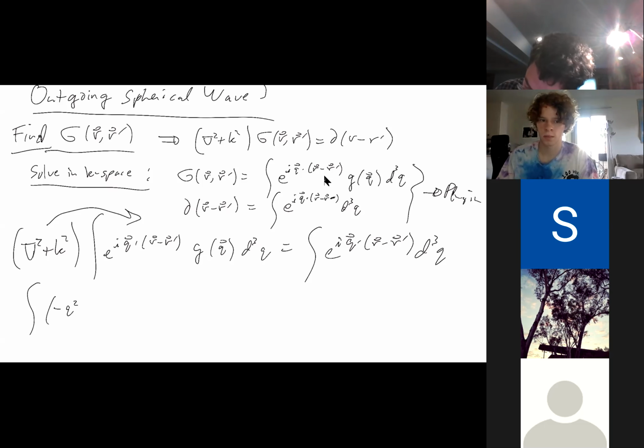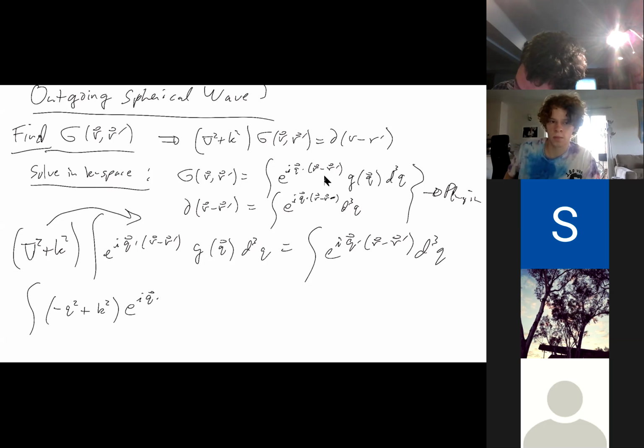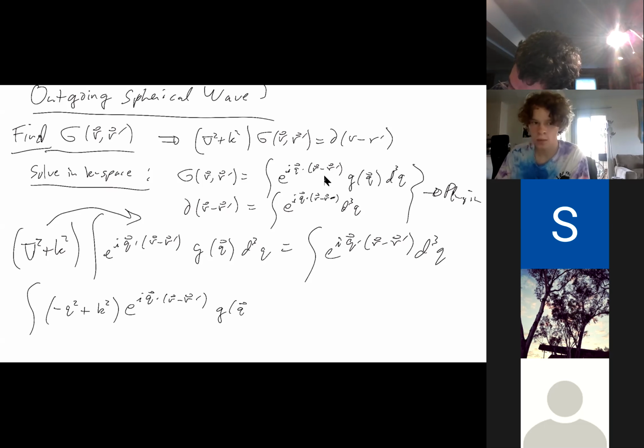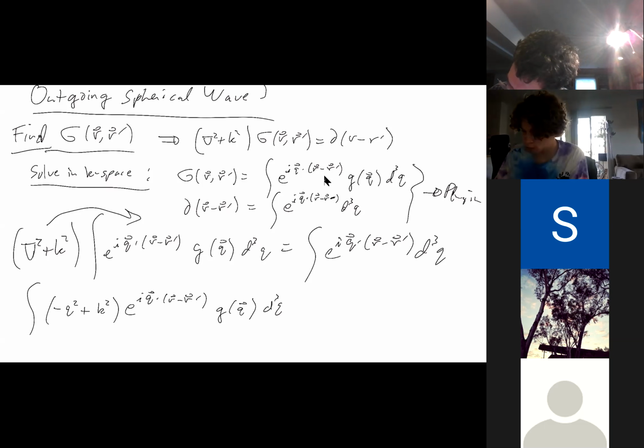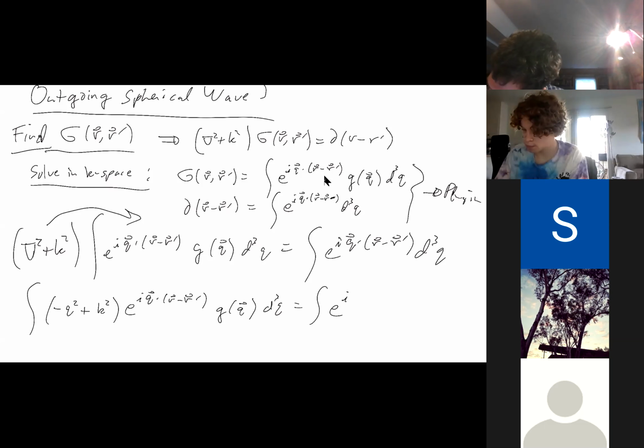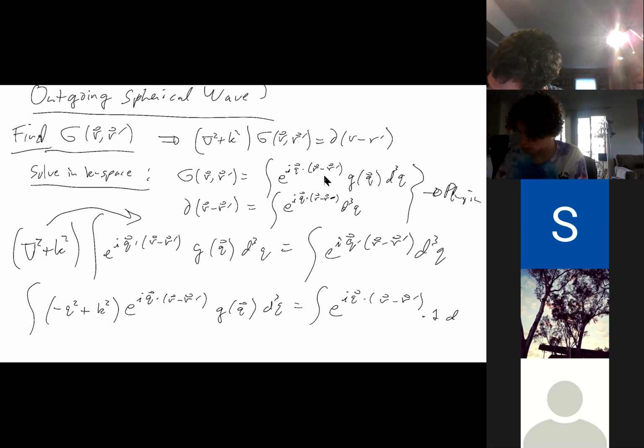Minus Q squared plus K squared times e to the I q dot (R minus R prime) G of Q d cubed Q is equal to the integral of e to the I q dot (R minus R prime), I'll say times 1, d cubed Q.